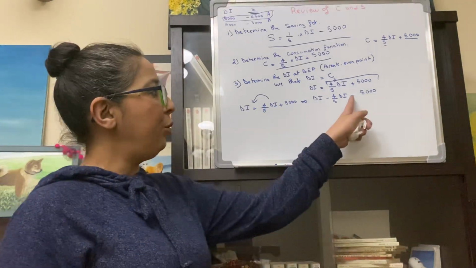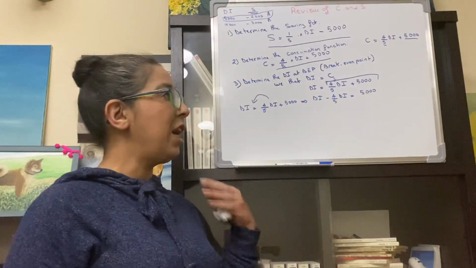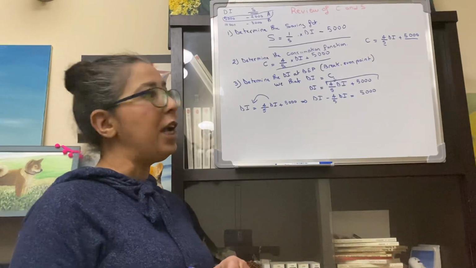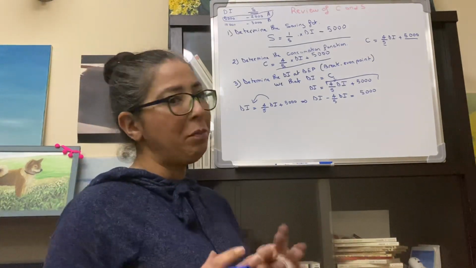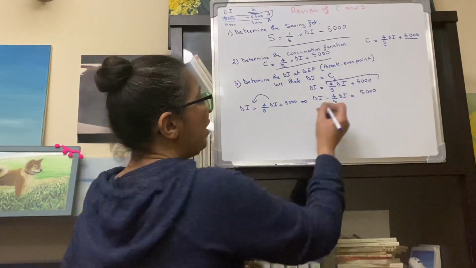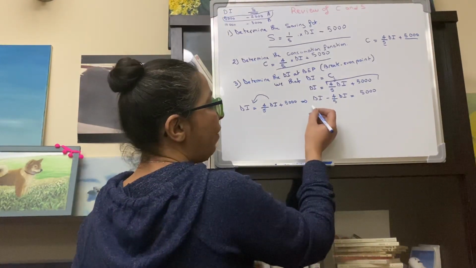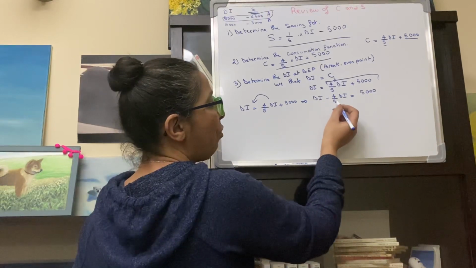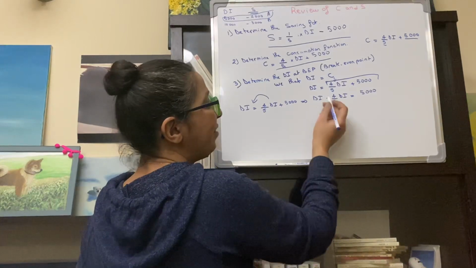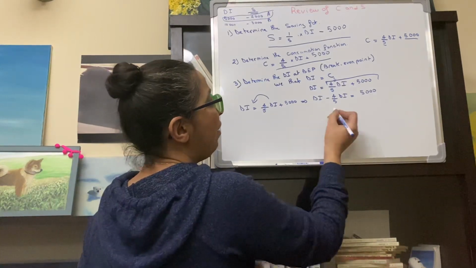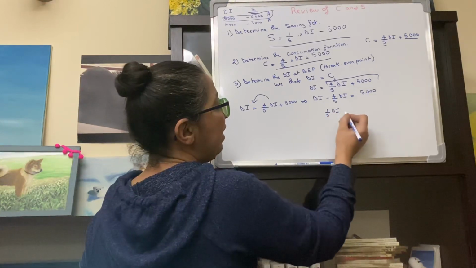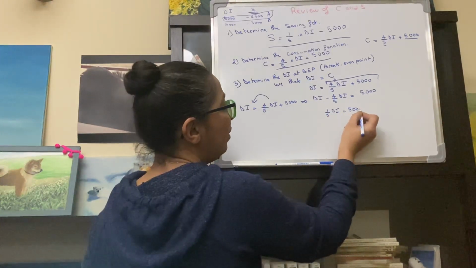I showed you how to calculate this before, so I'm not going to redo it. You can go back to it anytime you want, and I hope you understood it. Okay, so here it's going to be equal to 5 over 5 DI minus 4 over 5 DI. 5 minus 4 is going to give us 1 over 5. So 1 over 5 DI is equal to 5,000.